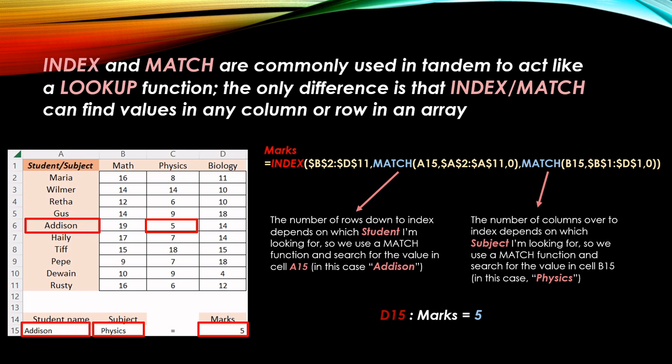So in this case, if you have selected student name as Addison here, and subject as Physics, this is just going to say index B2 through D11, from here to here. Go down to the fifth row, and the second column returns the marks as a 5, because Addison got 5 marks in the Physics subject, which is correct.